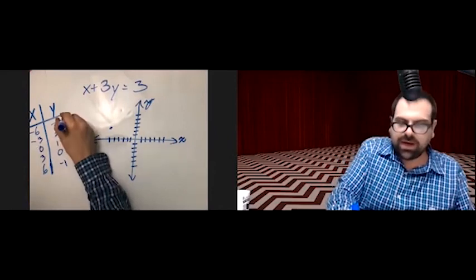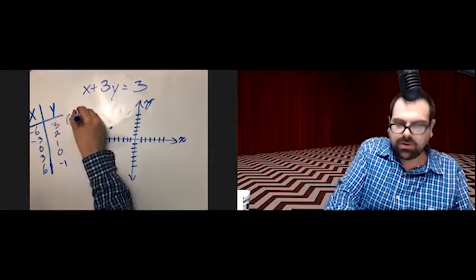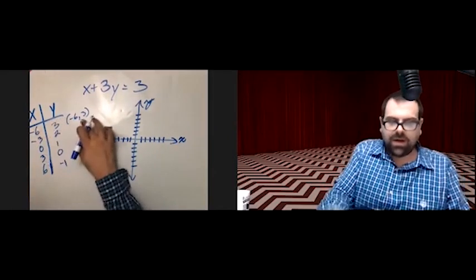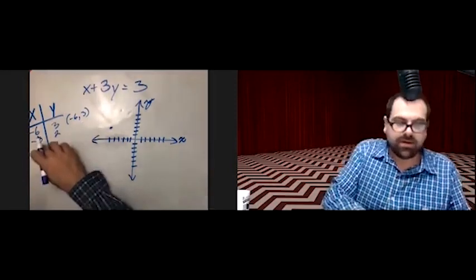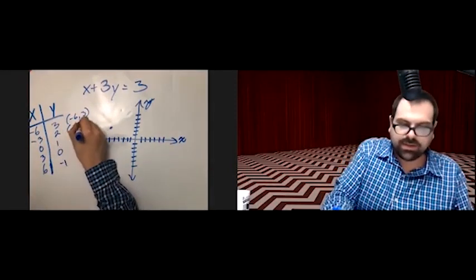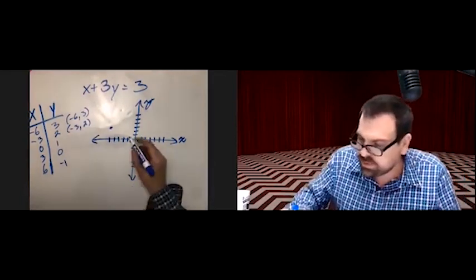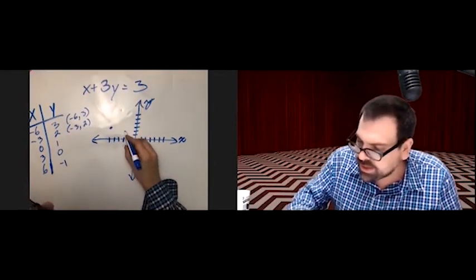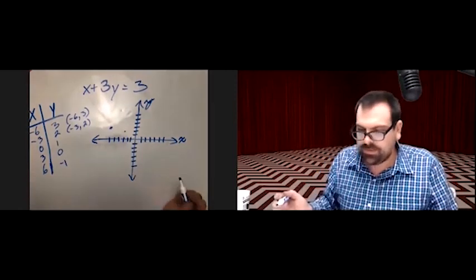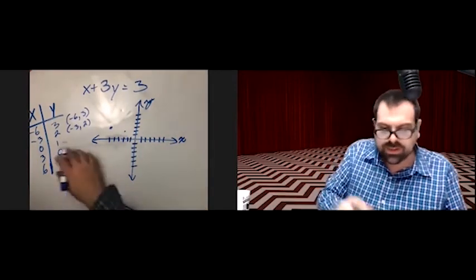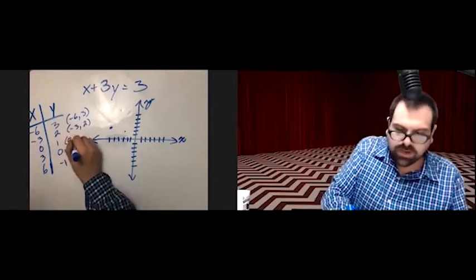And again, I'm pulling these right out of the table. X and Y just becomes an ordered pair. -3, 2. -3 on the X, 2 on the Y. 0, 1, just pulling it right out.